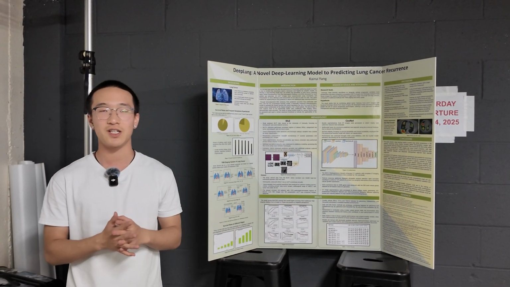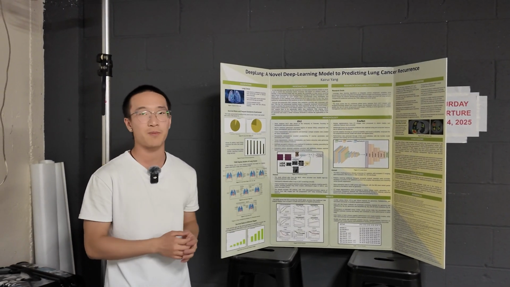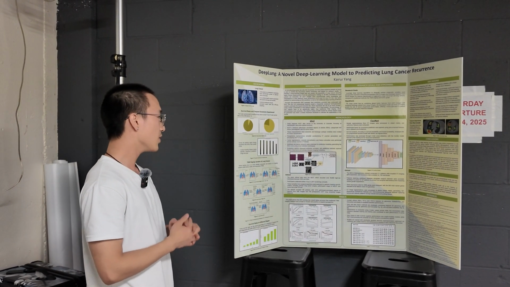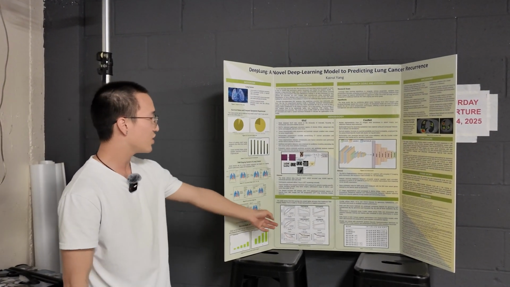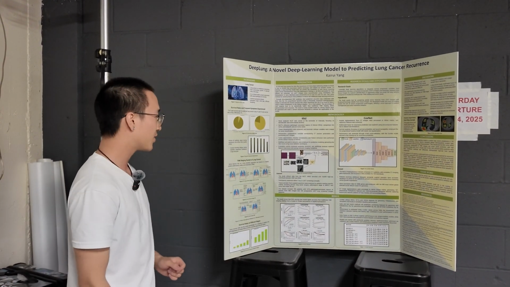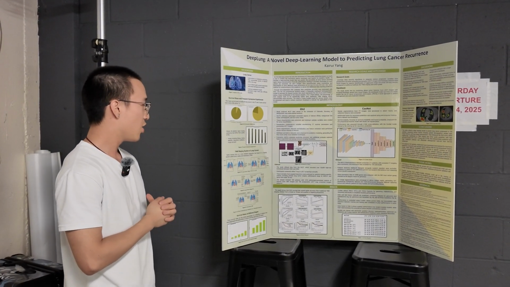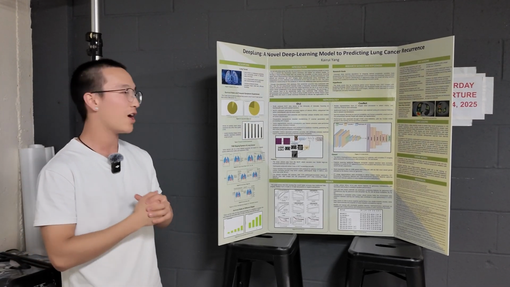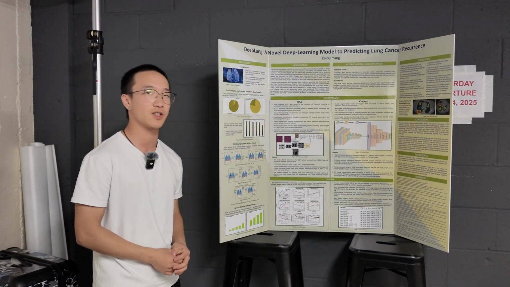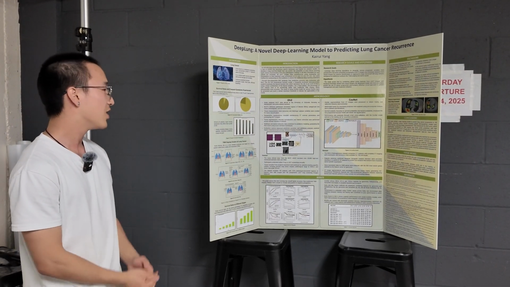It increases the generalization and improves the overall performance of the model. And from here, the results we can see, the regions on the curve, the AUC score we generated are well above the traditional TNM staging, which means that utilizing this model, we can achieve a much higher accuracy of predicting lung cancer recurrence than the traditional methods without it.